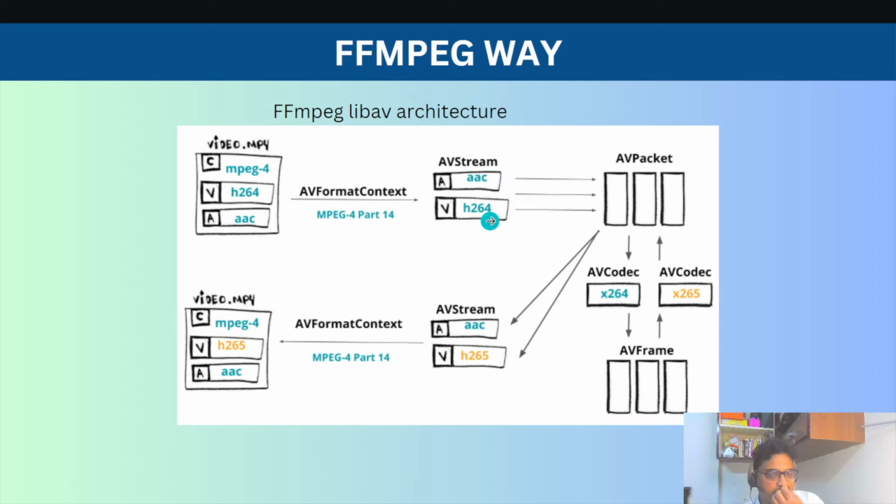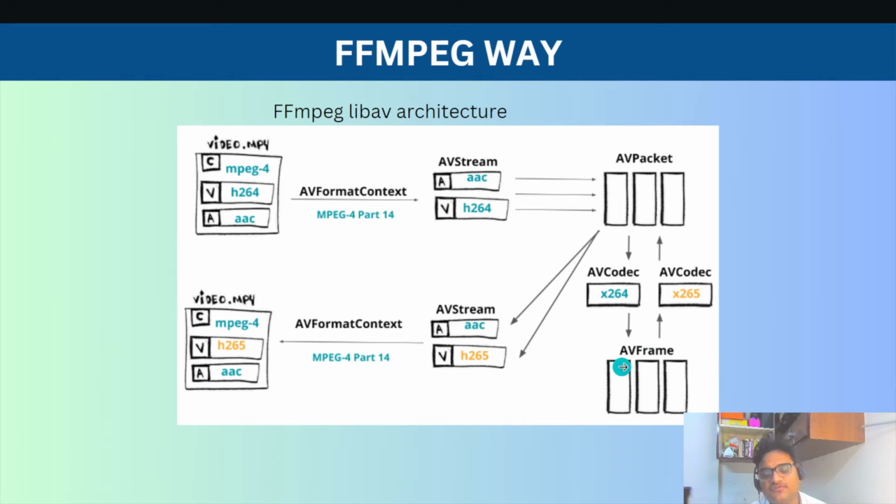And from this stream, you start reading the packets. These are called audio video packets. So this packet can be an audio packet or a video packet, so it's called an AVPacket. Now with the help of the decoder, if this MP4 file has H264, with the help of the x264 decoder, we decode the actual packet, and that packet is converted into a frame.